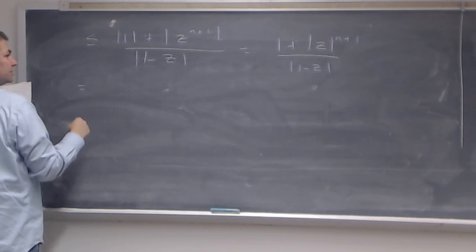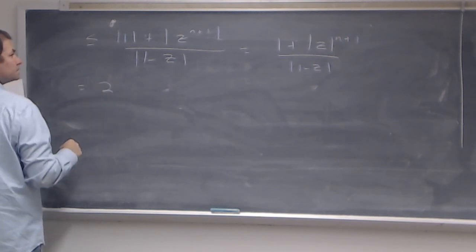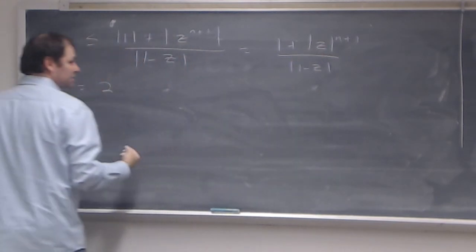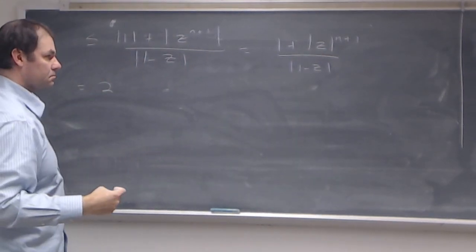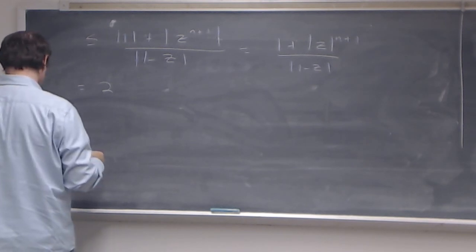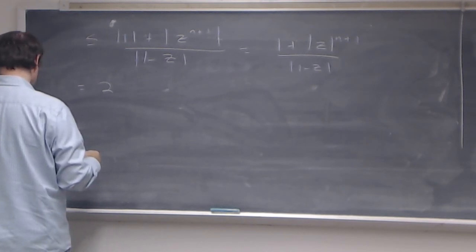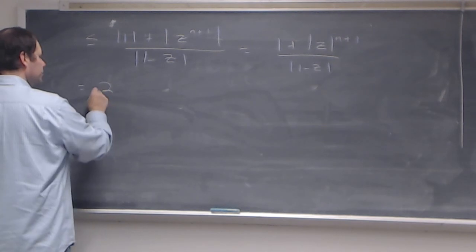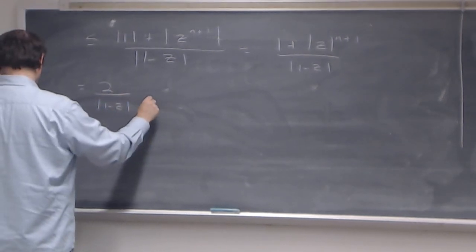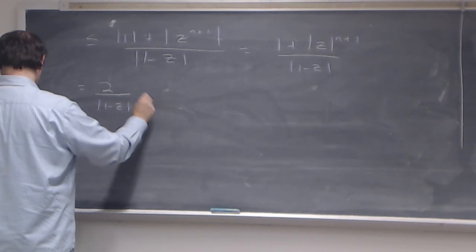And that's equal to, well, it's 2, because the absolute value of z, the z that we're talking about, is equal to 1. So it is 2 over the absolute value of 1 minus z. That's what we have.